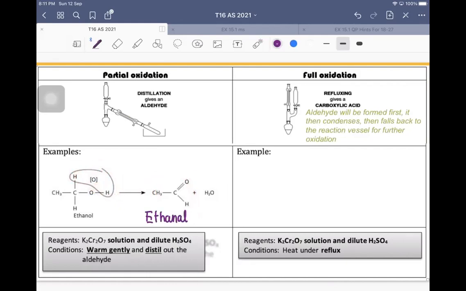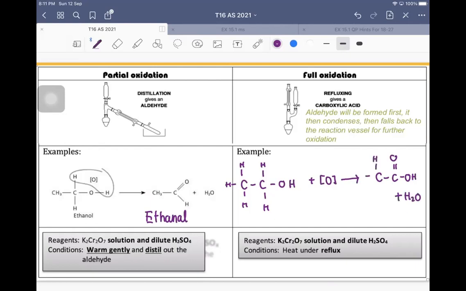For full oxidation, if we use ethanol as our starting material as well, to go all the way in the presence of heat, of course, right? You will get an ethanoic acid plus water.